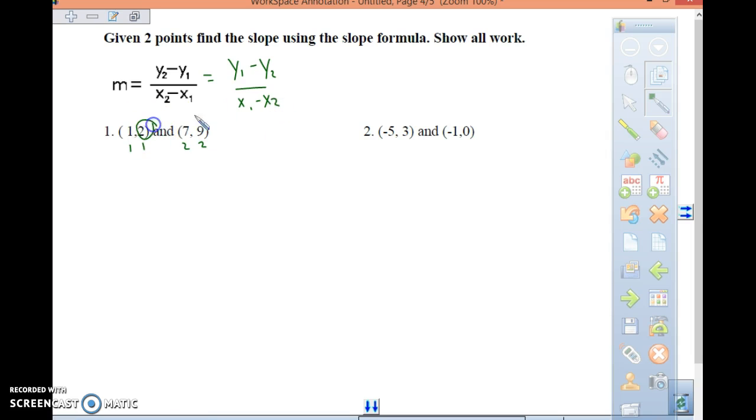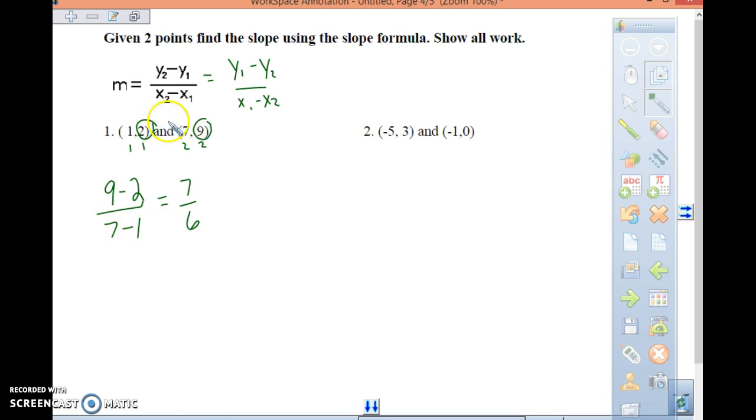I like to get in the habit of circling my y values because I know they make my rise. So my second number minus my first number, my second number minus my first number. Simplify.